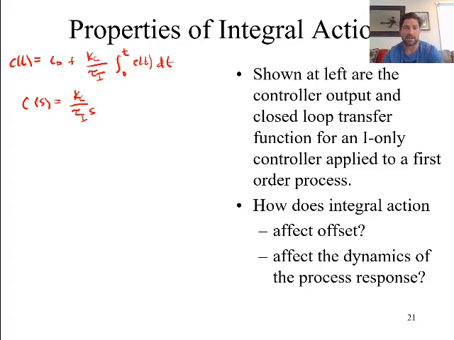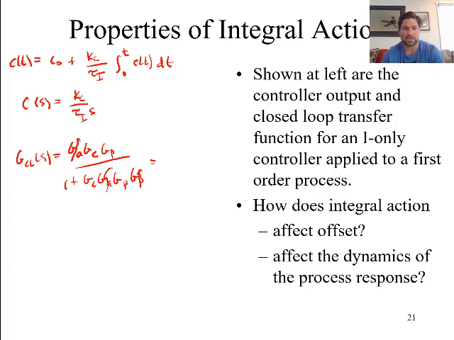All right, so again, we're going to apply the I-only controller to a first-order process, and we're going to assume everything else is fast. So again, remember that G closed loop equals GC, GA, GP over 1 plus GC, GA, GP, GS. And again, actuator and sensor are fast.